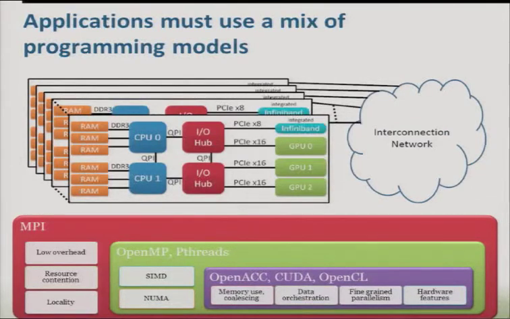There's the whole data orchestration. You're sending data back and forth between the CPU memory and the GPU and perhaps over InfiniBand. How do you do that so you overlap computation and multiple types of communication at the same time? That's really tricky. Then there's the fine-grained parallelism. The threads in a GPU are much smaller than a thread you would have in OpenMP.